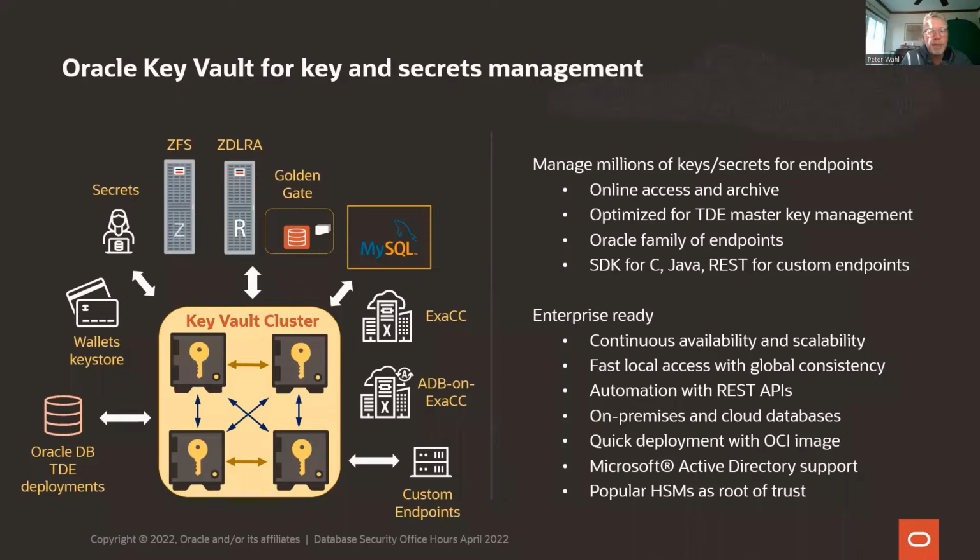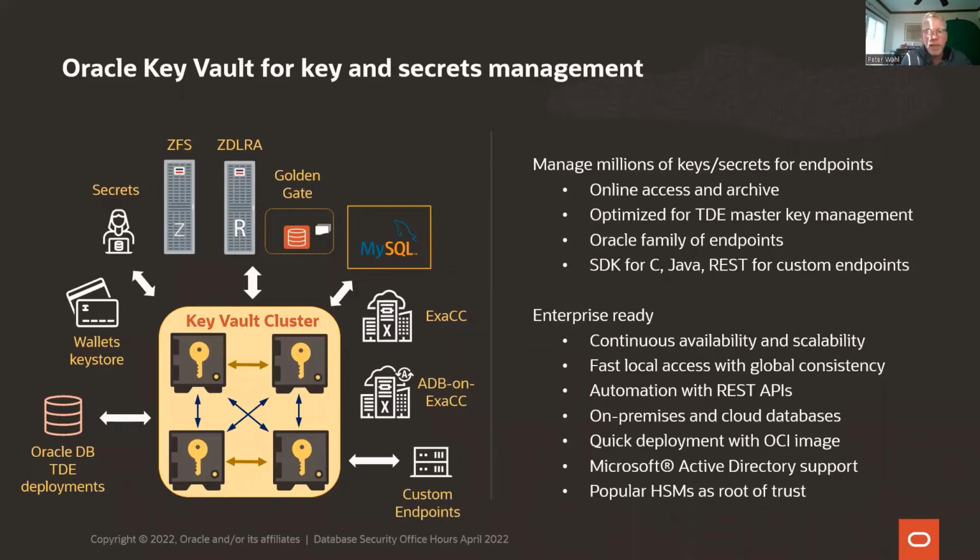We provide key management to Golden Gate encrypted trail files. We provide key management for MySQL and MongoDB. We provide key management for your databases on XRCC. We are built into the provisioning flow of the autonomous database on XRCC.